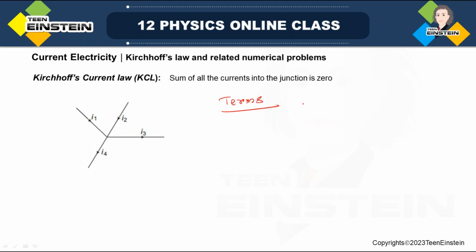The term electrical network is used for a complicated system of electrical conductors.